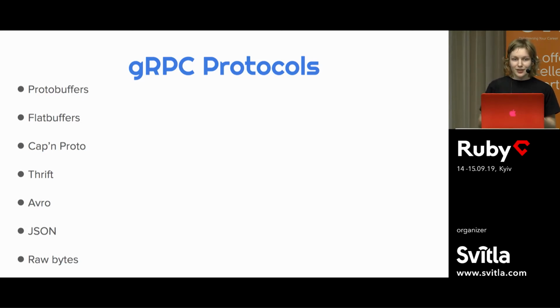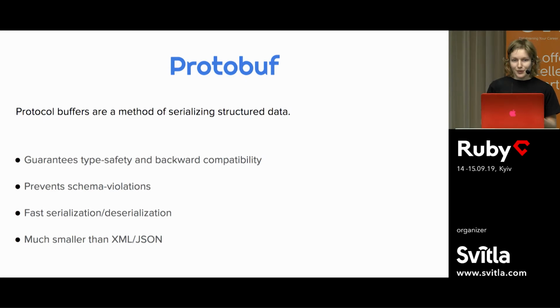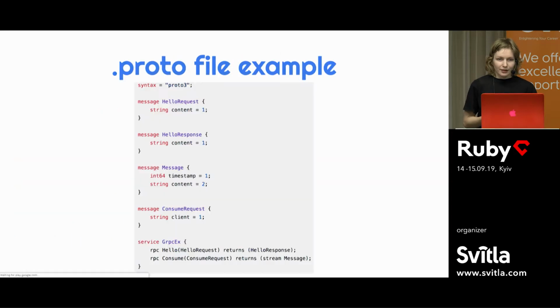Let's dig into more details on Protobuffers. Because, for example, I was pretty interested in how it works, and why it compresses the data so much compared to JSON. This is a Proto file example, so you need to define your messages and the service with method signatures. In this example, the service supports 2 messages, like hello, and the method consume, which accepts and returns these types of messages.